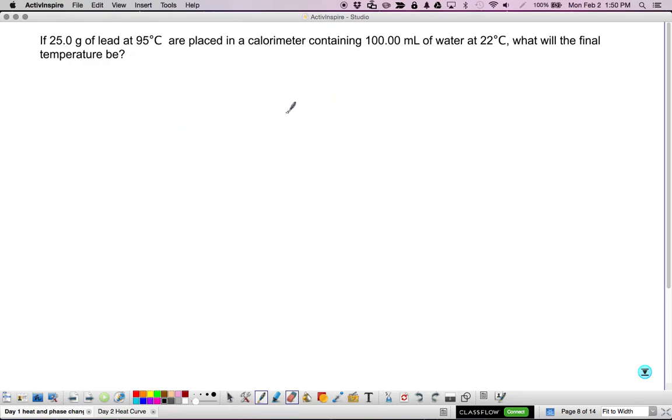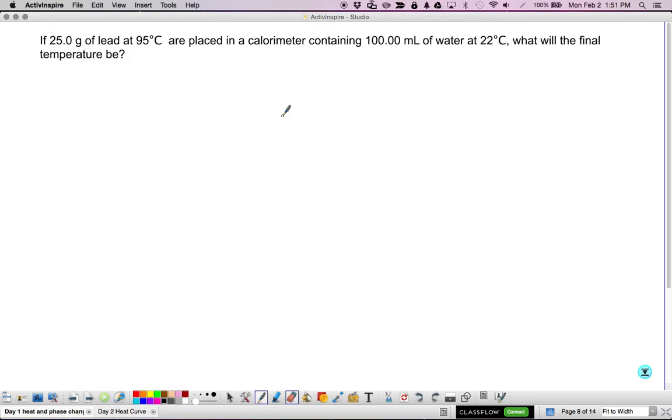So where do I start? I always start at the same place. I start with my mathematical representation of conservation of energy. I have hot lead being placed into a calorimeter containing 100 milliliters of water.